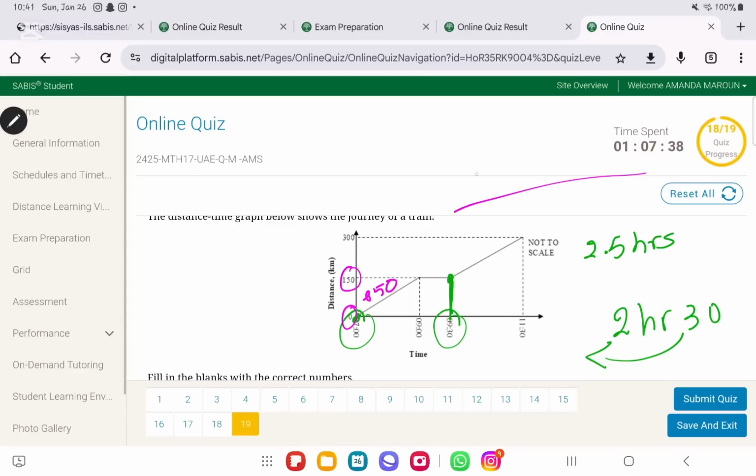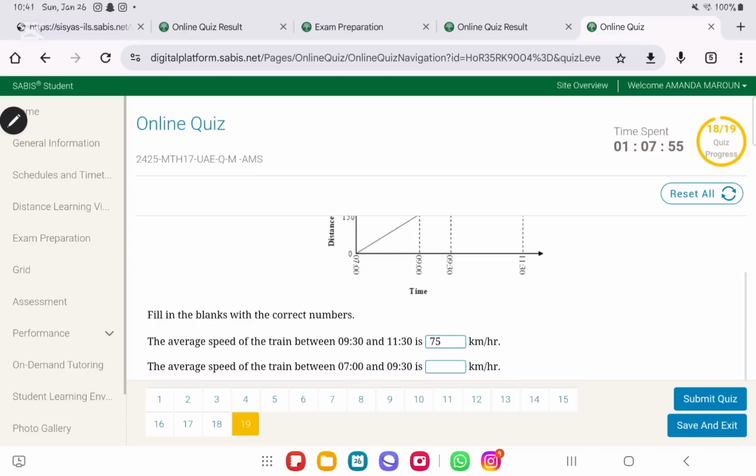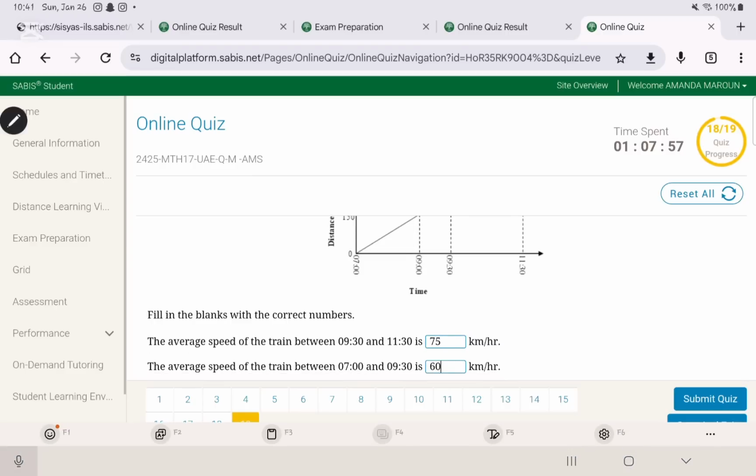So y minus y over x minus x is equal to 150 minus 0 over the difference in time, which was 2.5 hours. If you do it on your calculator, you will get an answer of 60. So the last answer is then 60.